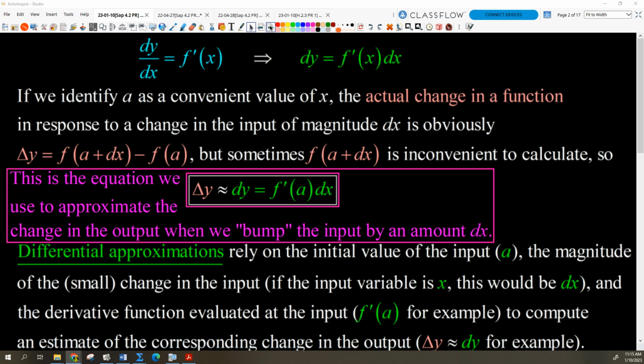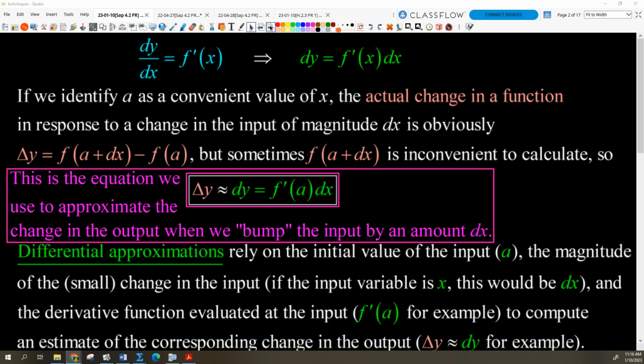There's kind of the other one we're going to use, which is the equation of the differential, right? The differential dy is just equal to f prime of x times dx. But if we're specifically trying to model some kind of a function, usually we'll call it f prime of a, where again, a is a convenient value of the input, okay?